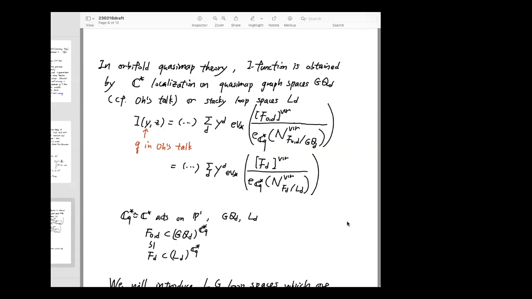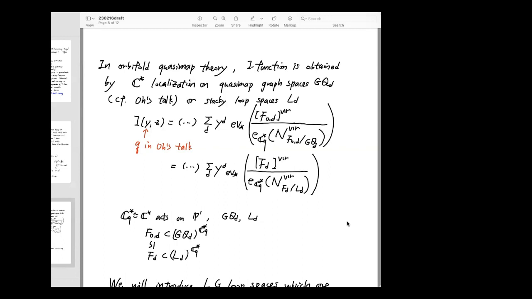F0D is a component, and the I function, with some prefactors, is defined by the pushforward of the virtual fundamental class of F0D divided by the C star equivariant Euler class of the virtual normal bundle. But there's also a stacky loop space, which in the toric manifold case corresponds to the toric map space introduced in a previous talk.